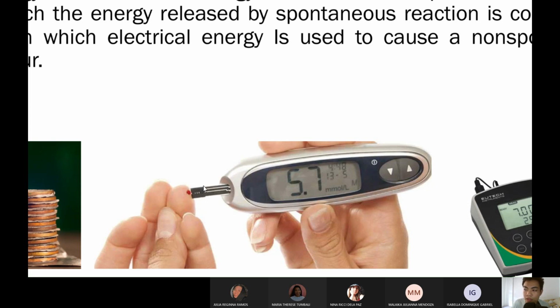Okay? So, yung kuryente dadaloy from the device to your blood, then back to your device, no? So, depending on the amount of the voltage or the amount of potential passed through the solution of blood, pwede nyo malaman yung concentration.